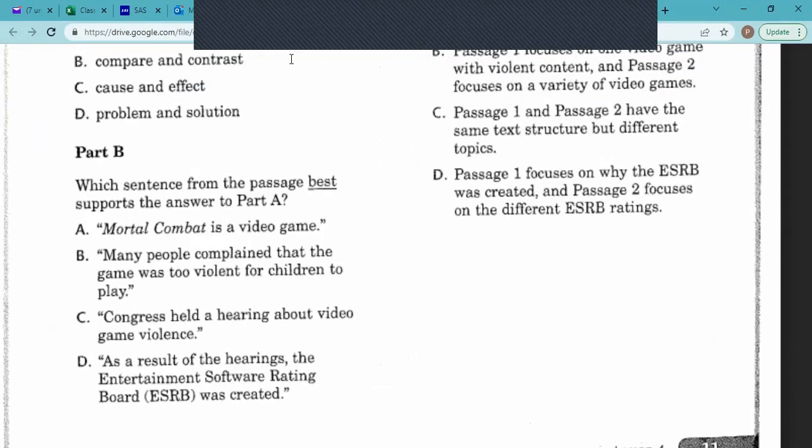A, Mortal Kombat is a video game. B, many people complained the game was too violent for children to play. C, Congress held a hearing about video game violence. Or is it D, as a result of the hearings, the Entertainment Software Rating Board was created? So pause your screen if you need to and choose your answer.